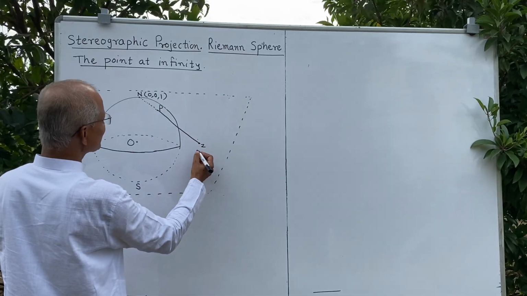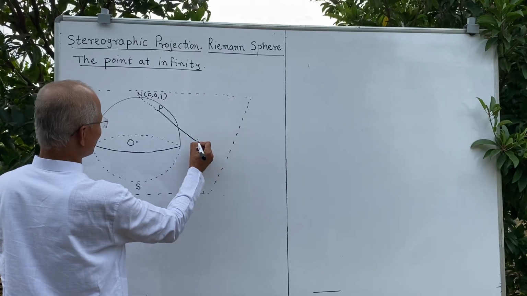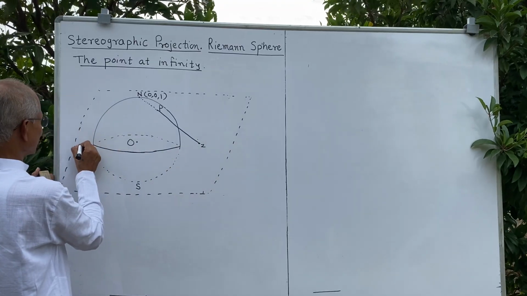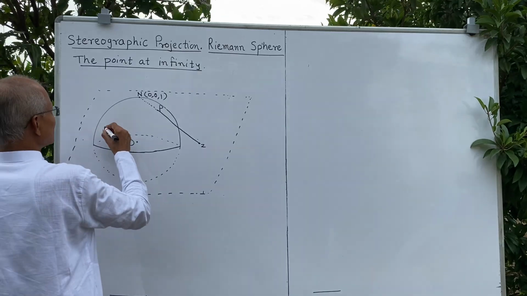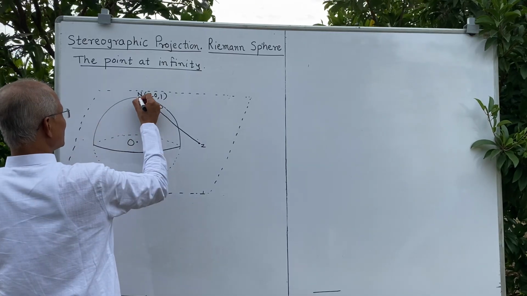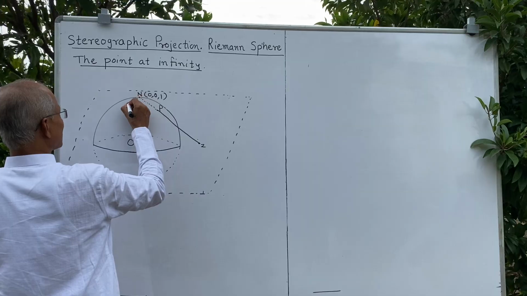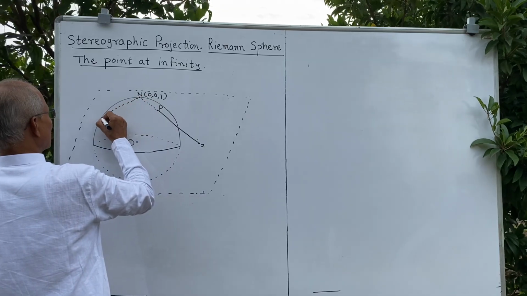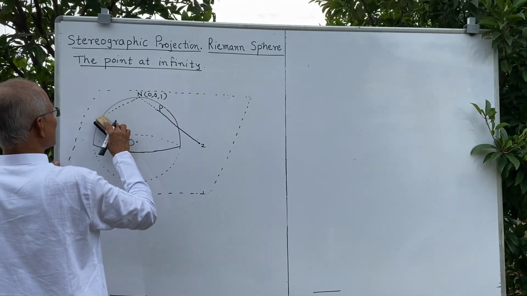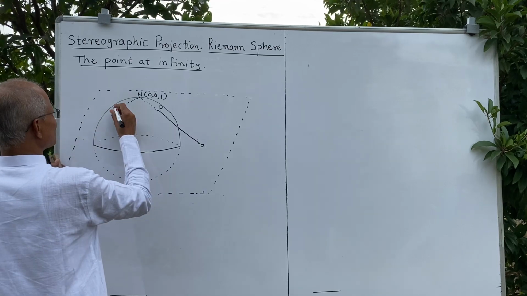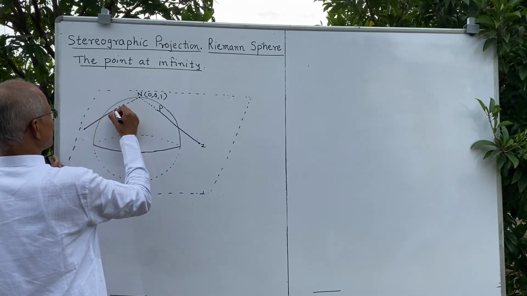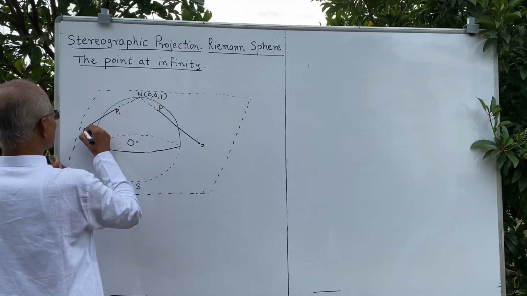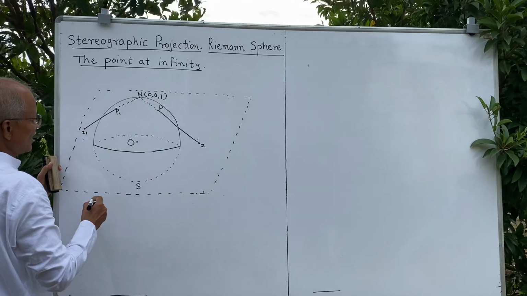Similarly, if you consider another point, say z1, which may be taken here or anywhere, then it will join the north pole. And on the surface of the sphere, this is the point, say P1, and this is the point z1.